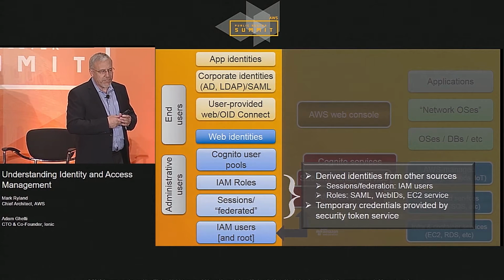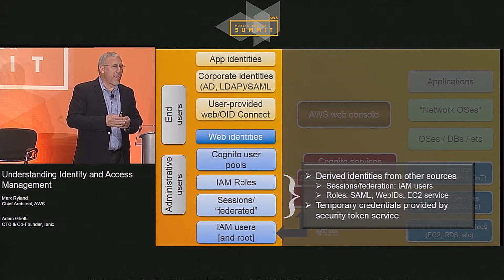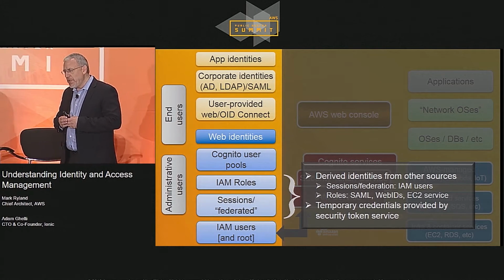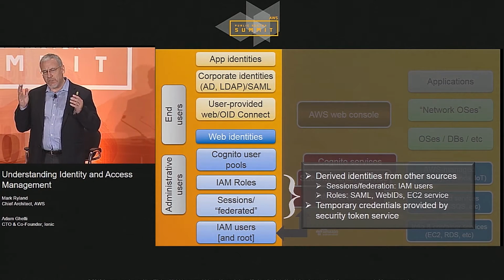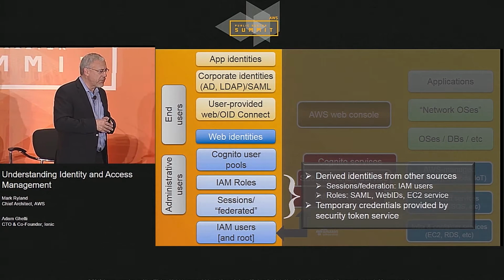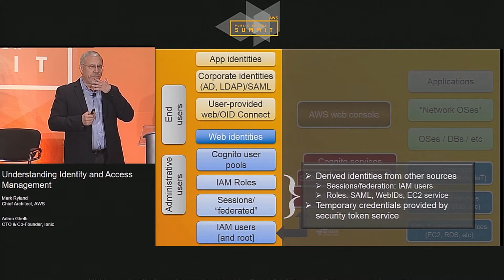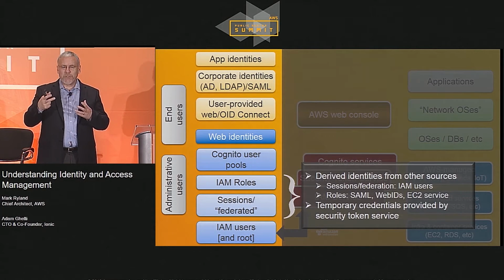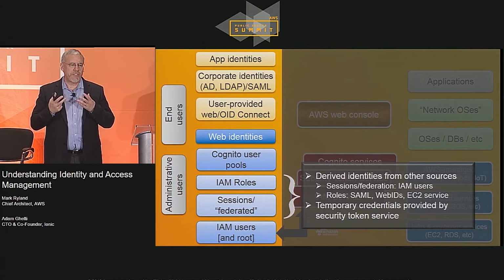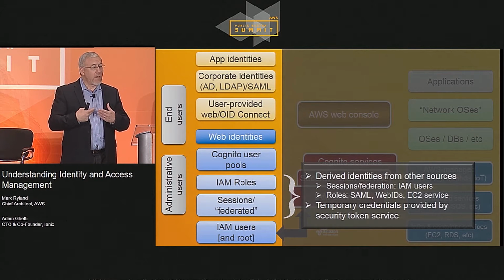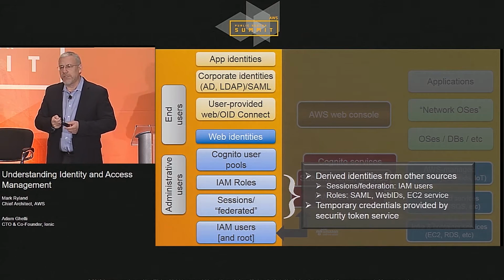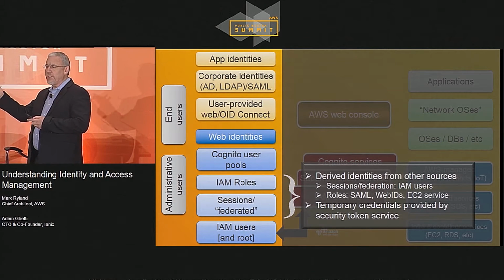In particular, there's an API called Get Federation Token. I put federation in quotes because this isn't the way the word federation is typically used in the industry. But given a principal, I can create temporary tokens, either for myself or someone else, and hand those out as what's called a federation token. And with that token, you can get some access rights.